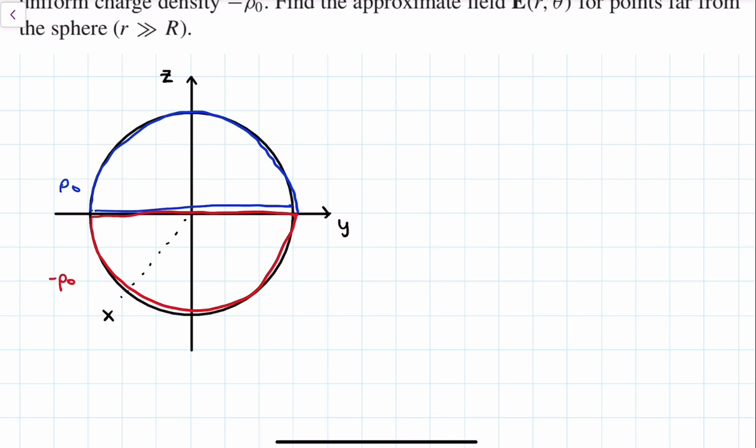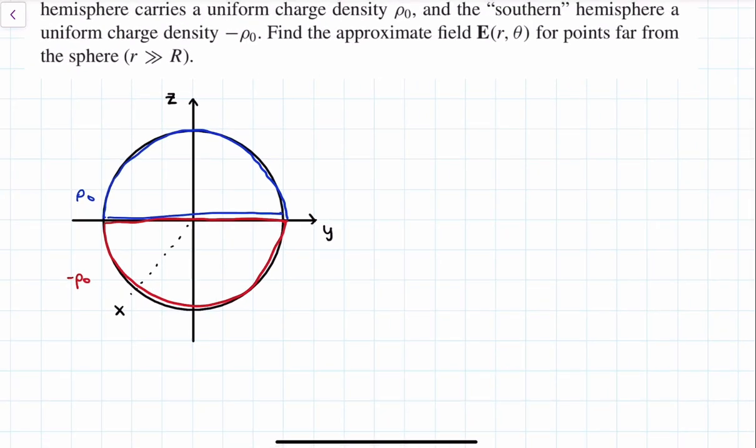Okay, and we know just from looking at this picture that for the E field, we can't have a monopole contribution because the total charge of this sphere is equal to 0 due to the same but opposite values of the charge density.